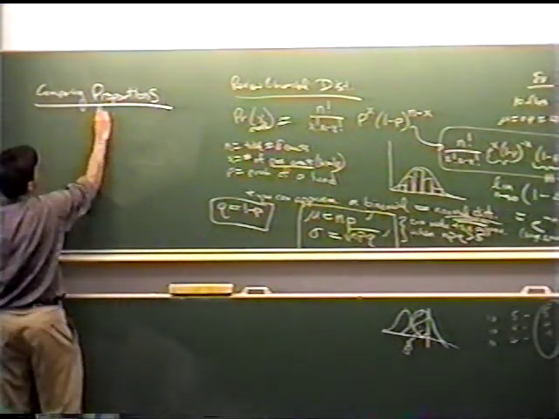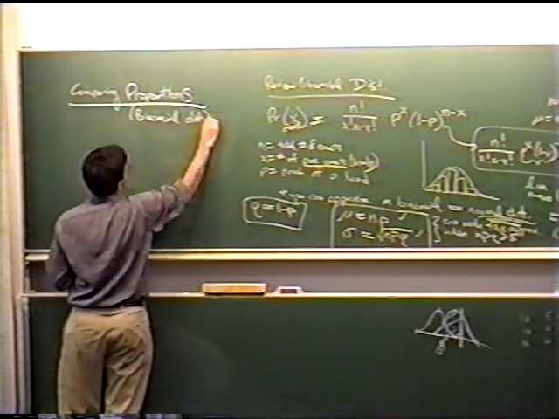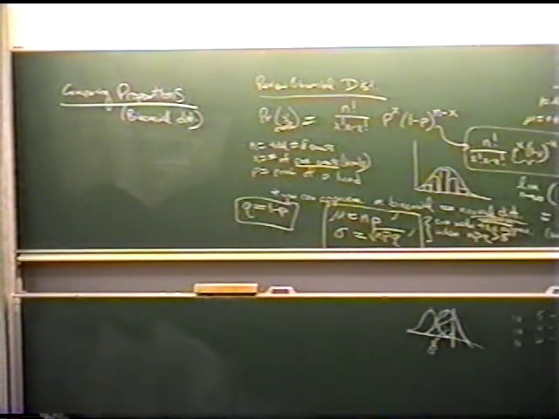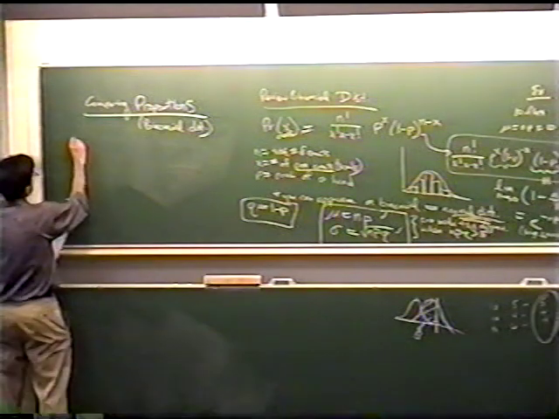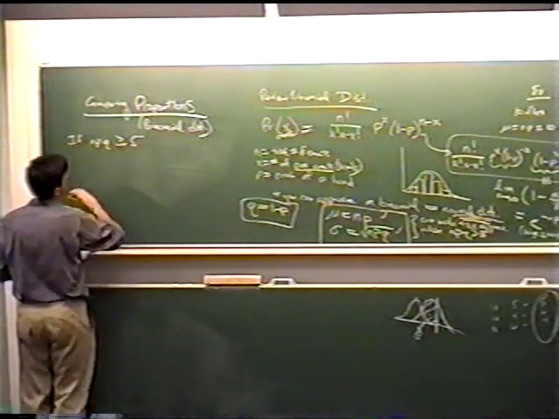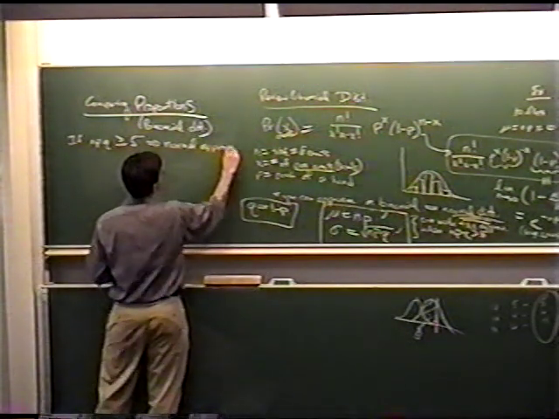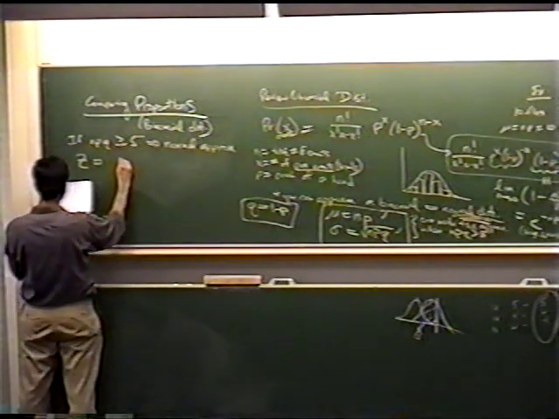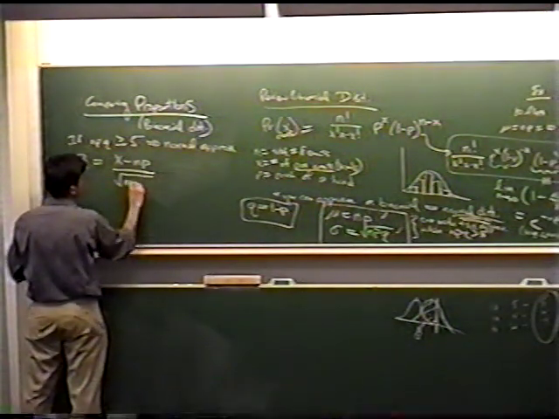Now again, when we're dealing with proportions, we're dealing with the binomial distribution. Okay? As we had already gone over, as long as npq is greater than or equal to 5, you can use the normal approximation, where z equals x minus np, the average, over the square root of npq.